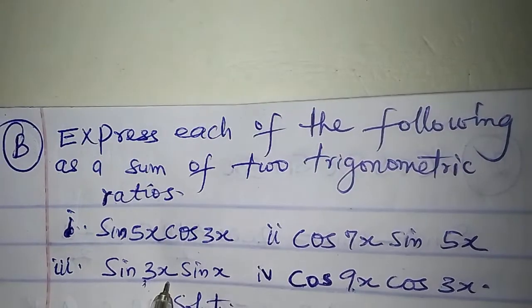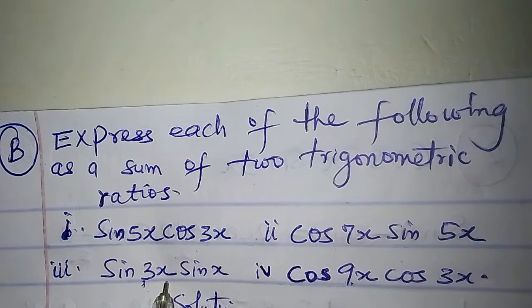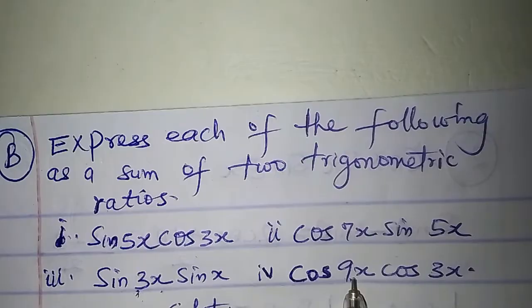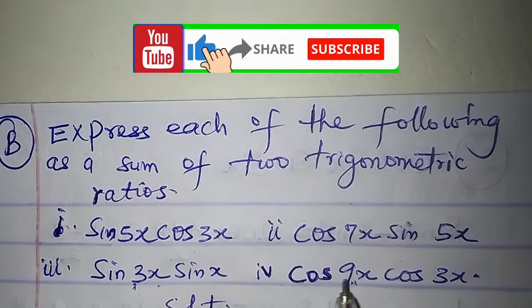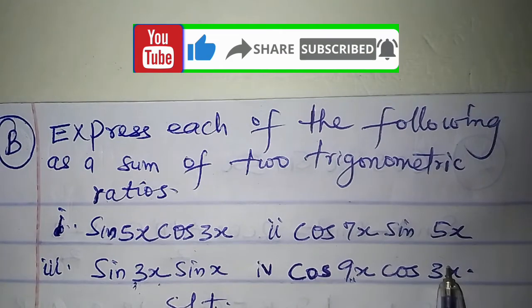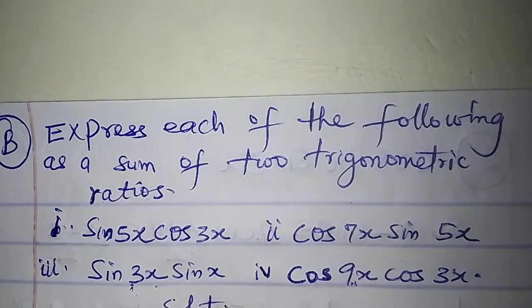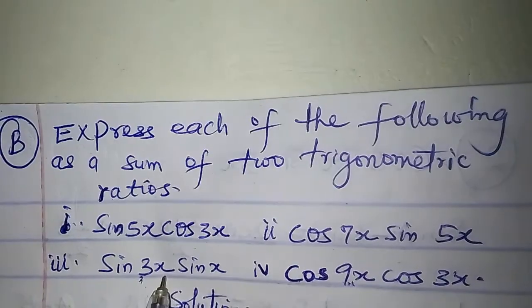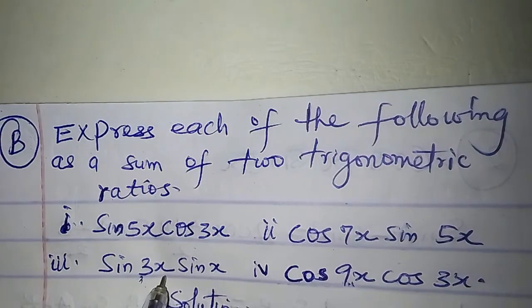I will answer this third question and you will answer this fourth question. You will express cos 9x cos 3x as a sum of two trigonometric ratios. So I'm going to solve the last one in this video now.